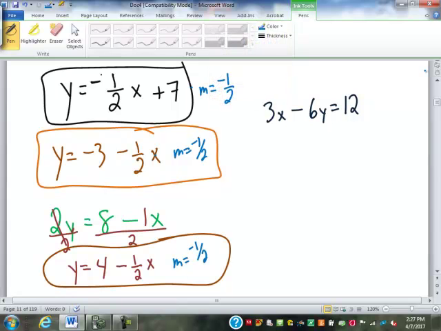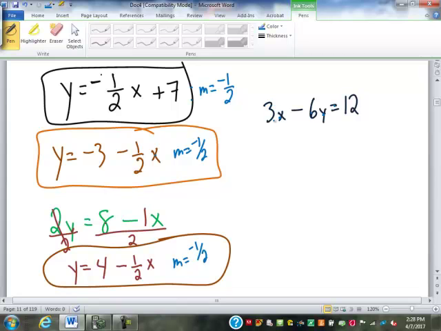So looking at this one, will this line have the same slope as our first one? Will it be parallel with our first one? Well, we have to get y by itself. So that means we have to get rid of the negative 6 and the 3x. Remember, I have to go in reverse order. So the first thing I'm getting rid of is the 3x. How do I get rid of it? Careful. I've got to get rid of the whole thing.